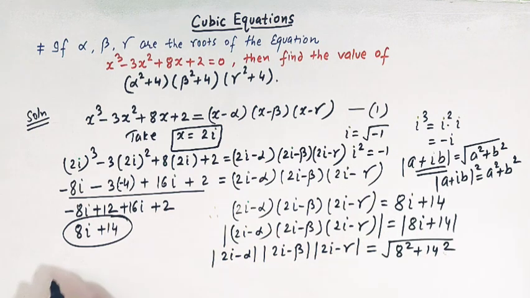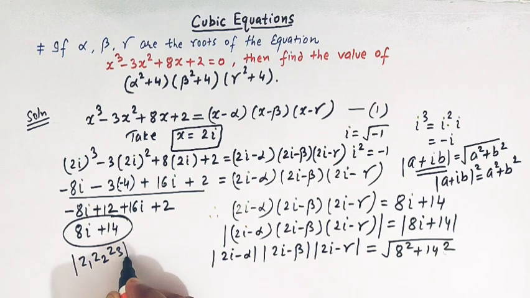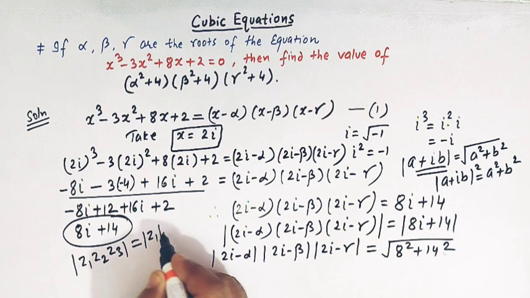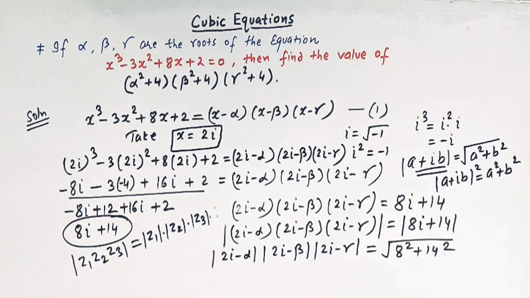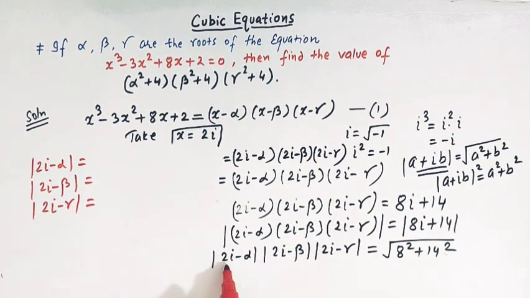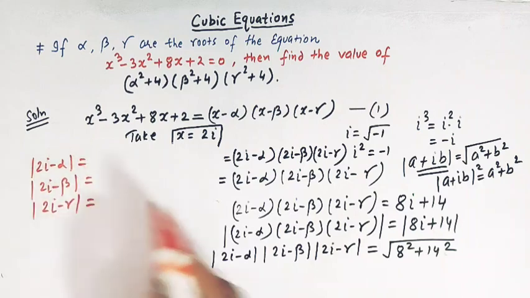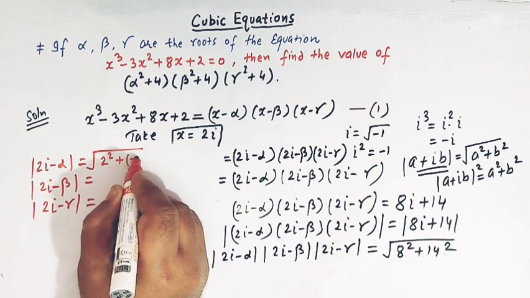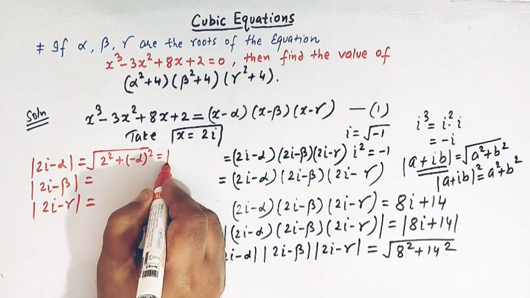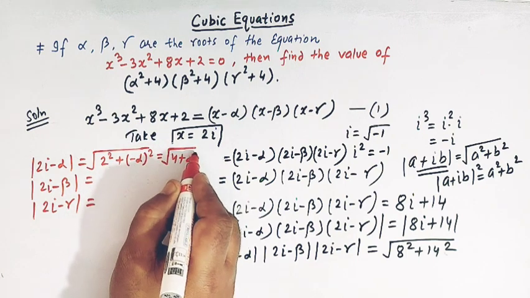Here we have used another important result from complex numbers: if we have the magnitude of the product of three complex numbers z1, z2, z3, then we can write it as the magnitude of z1, times the magnitude of z2, times the magnitude of z3. Now the magnitude of 2i minus alpha can be written with the help of this result. So we have the square root of 2 square plus minus alpha square, that is the square root of 4 plus alpha square.